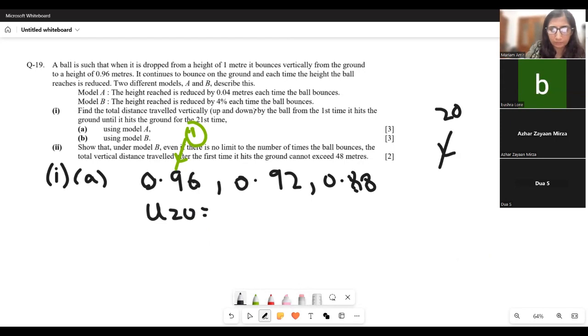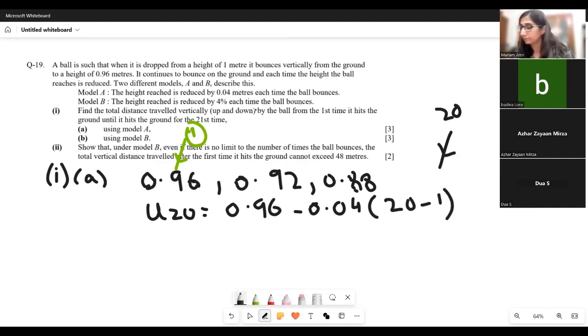Going to be A plus D, which is minus 0.04, times n minus 1, so 20 minus 1, by 5. This is what? 0.2?